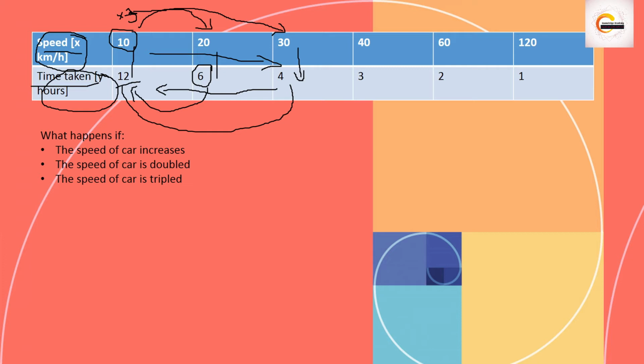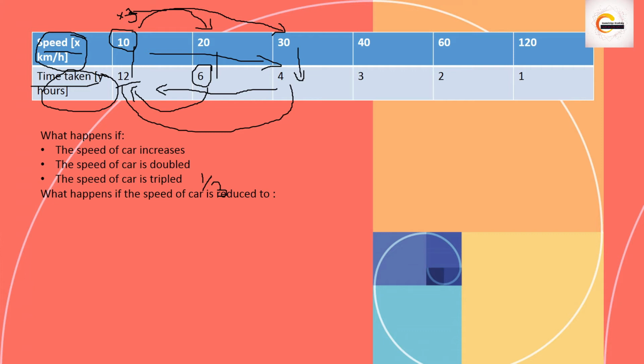So we can say if the speed is tripled, the time will be 1/3. We can see from this investigation that as the speed of the car is increasing, the time is decreasing proportionally. There is some pattern going on over here.